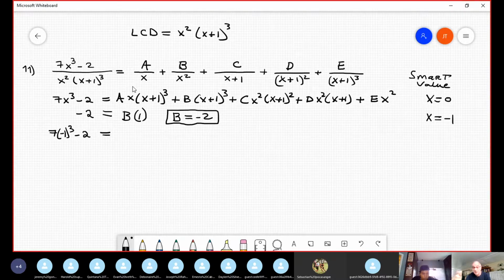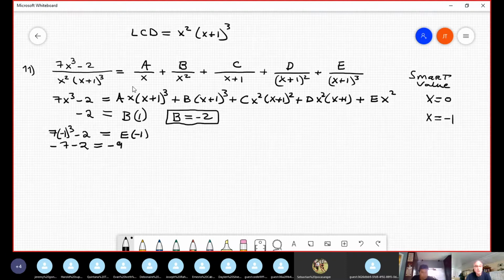So only e stays alive, no? Because x plus 1, when you plug in negative 1, plus 1 is 0. So e is... we have negative 1 cubed is negative 7, and negative 7 minus 2 is negative 9. It's negative 9, no?